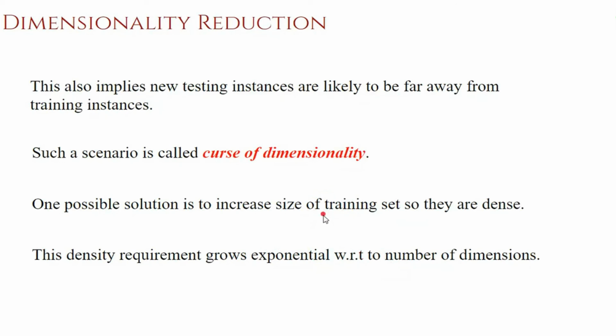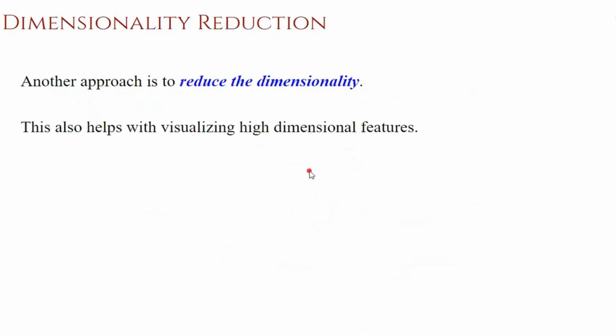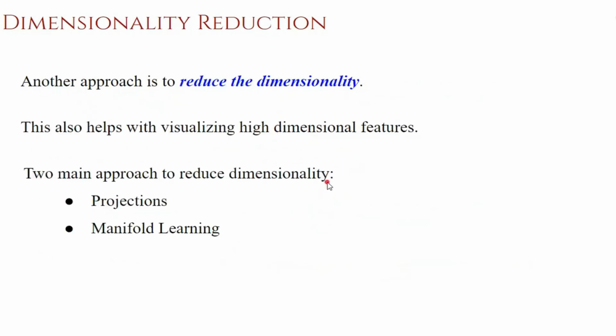Okay, so now, reducing the dimensionality has two aspects. One is it helps in visualization, to get a holistic understanding of the data. Second is it reduces the complexity of our problem. There are two types of approaches mainly used for dimensionality reduction. One approach is called the projection-based technique, and the other one is called the manifold learning-based technique.